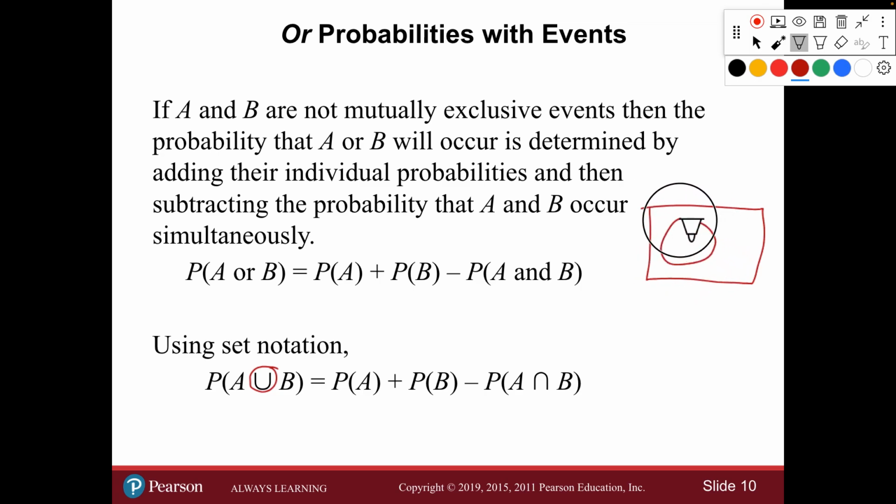Here's A happening, and we count everything in B. What we've done is we've counted this middle region, this intersection, twice. It got counted with A and it got counted with B.